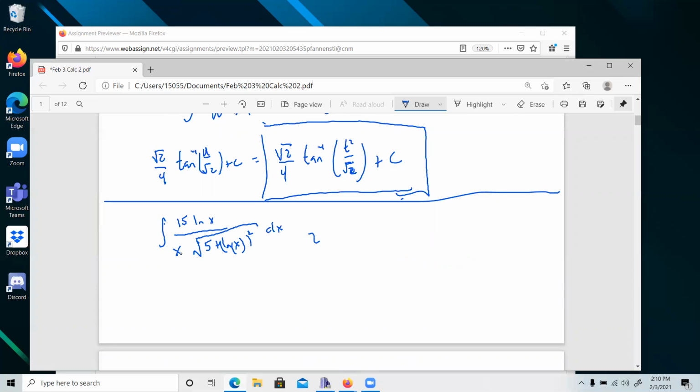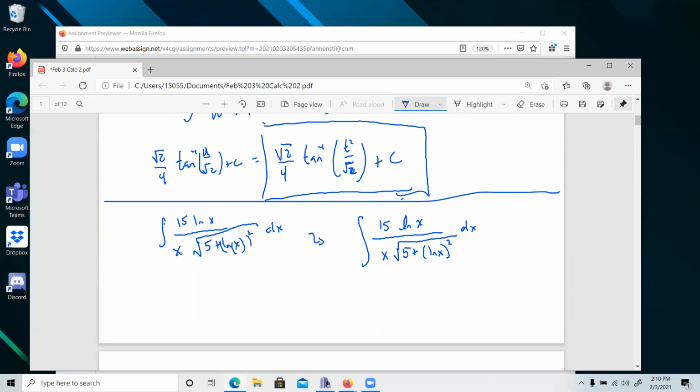Let me write that so it looks like it's actually with letters. So we have 15 ln x over x root 5 plus ln x squared dx. That looks a little better, not much, but a little bit.